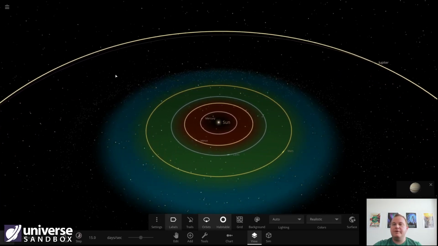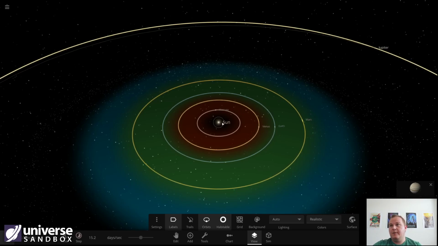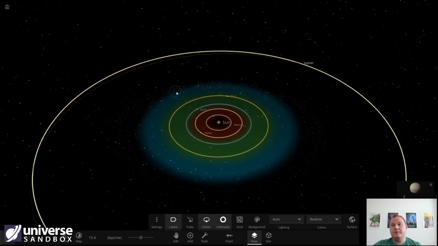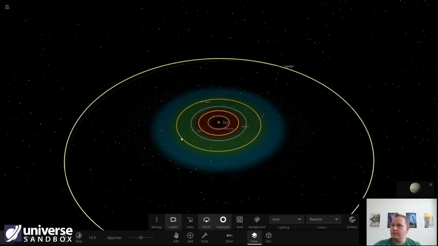And so every star has its own habitable zone, based on how bright, how big the star is, right? A hotter star, that habitable zone is going to be further out. A colder star, it's going to be closer in. And so in our habitable zone, technically Earth and Mars are in our Goldilocks zone, but Venus used to be. So Mars was a lot colder.